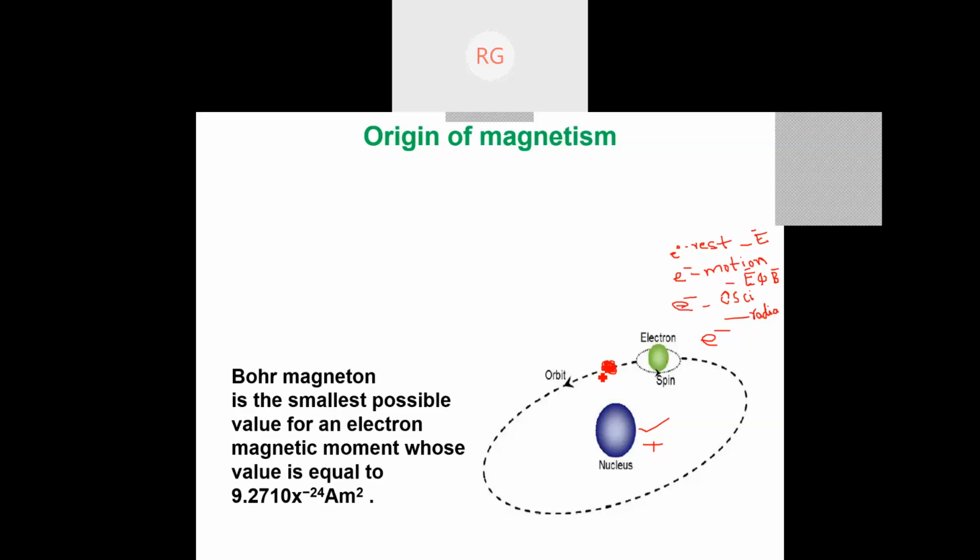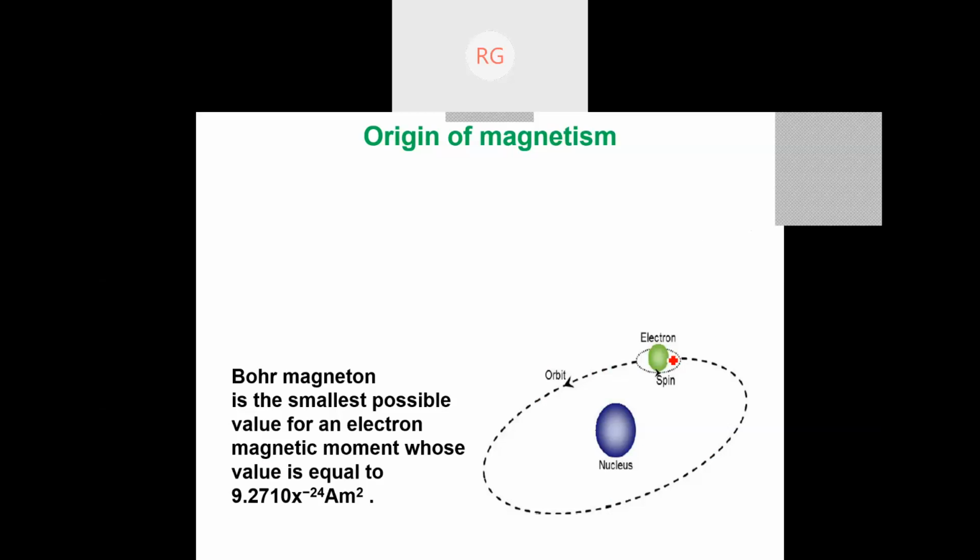Thereby, every material in the universe will have magnetism. But how weak it is, how strong it is, and how these magnetic fields will cancel each other or aid each other, that makes the materials fall into different classifications. So the first origin of magnetism is the orbital motion of electrons. As long as an electron is moving in an orbit, we know that it constitutes a current.